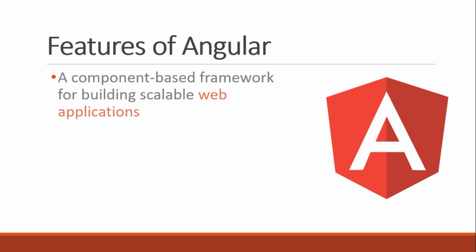But in the case of Angular, we just create a component for navbar and call the name of that Angular component, and then that is reused in all the other pages which we are building. So component based frameworks are very helpful when you want to reuse the same block of code in multiple pages or multiple sections of your application.